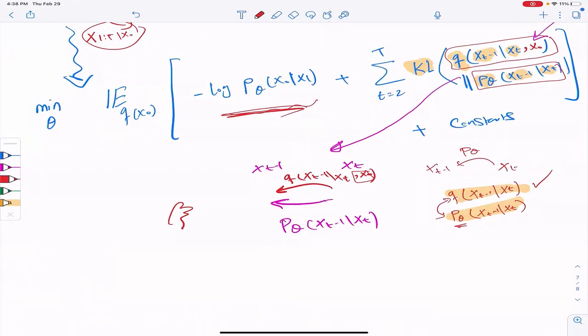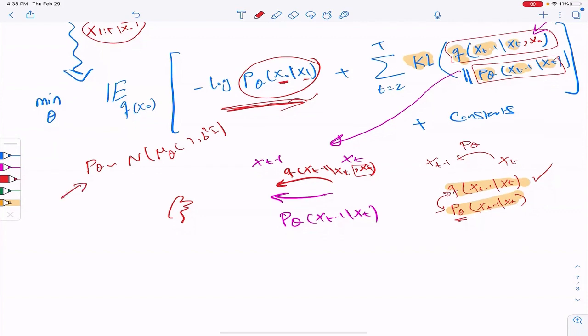So, okay, let's look at the first distribution, p theta x0 given x1. So what is this distribution? It is a Gaussian distribution. Remember, p theta is just a Gaussian distribution of mu sub t and some variance. So given x1, I have a distribution over x0.